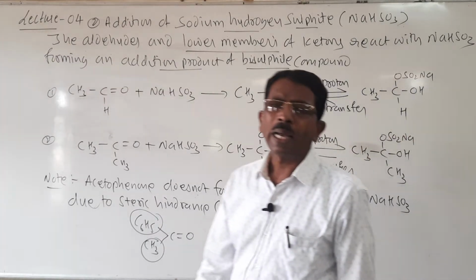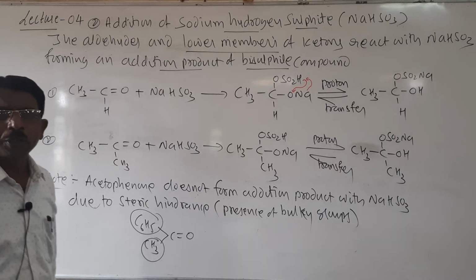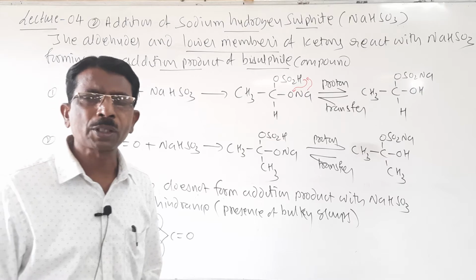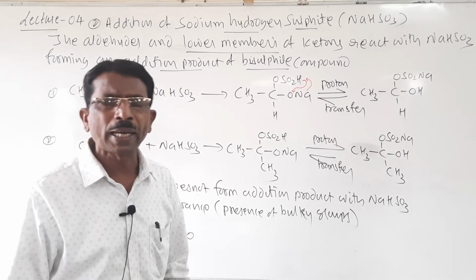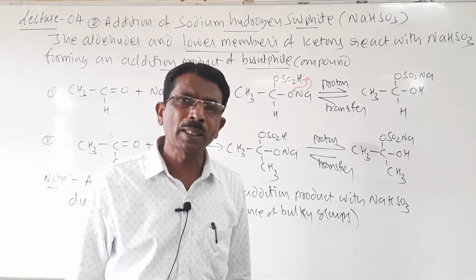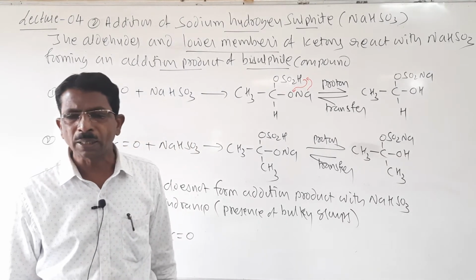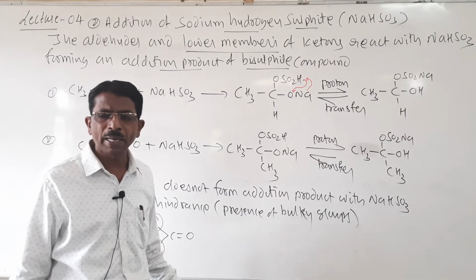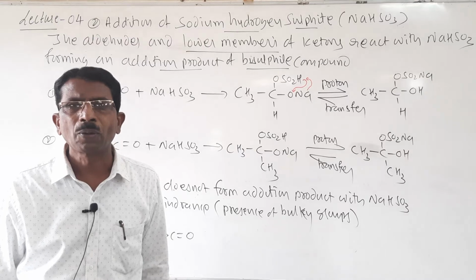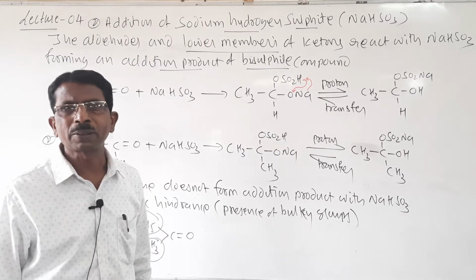So then again one familiar reaction. That is the reaction with Grignard's reagent. As we already studied in alcohols, we know that whenever the Grignard's reagent is treated with formaldehyde, what happens? It forms primary alcohol. When Grignard's reagent is treated with acetaldehyde, what happens?